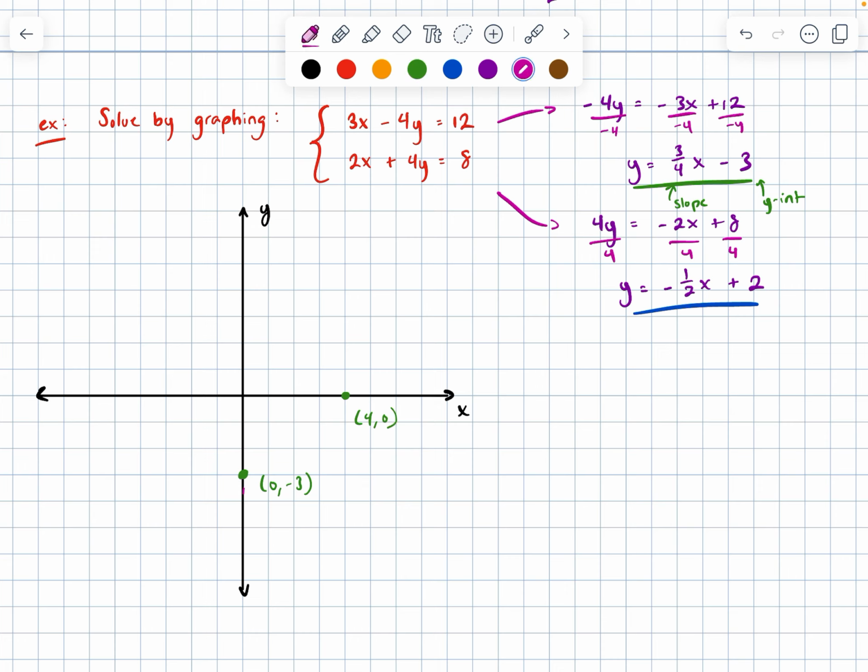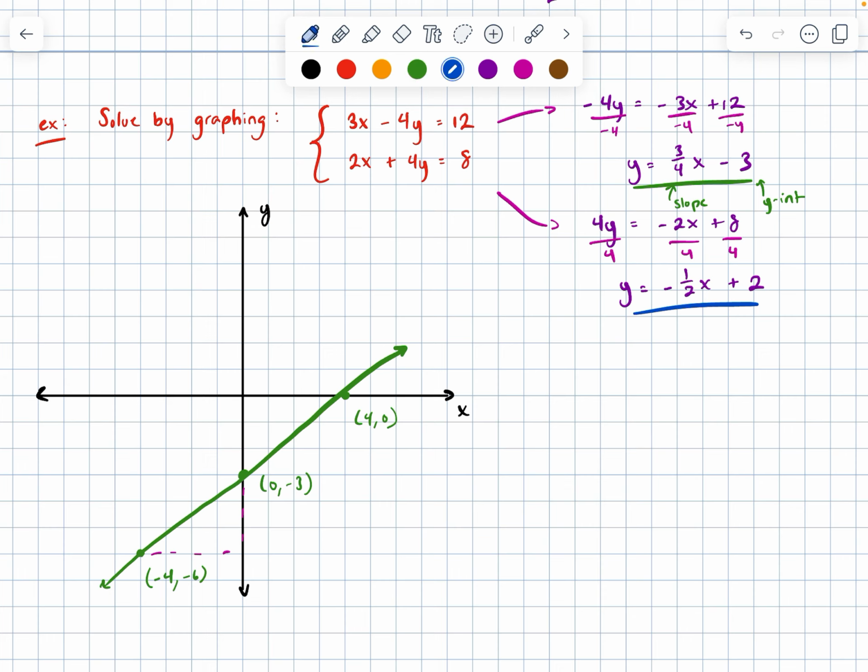If I wanted to go in the other direction, right, I could go 1, 2, 3, down, and 1, 2, 3, 4, over. So I've got another point over here. This guy should be at negative 4, comma, negative 6. Let's connect our points with a line.